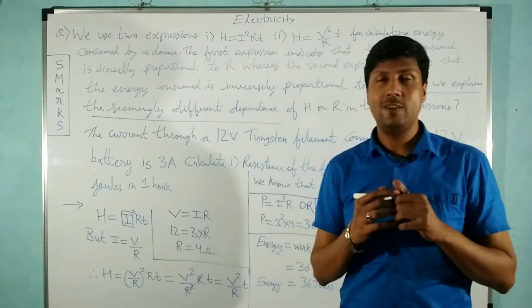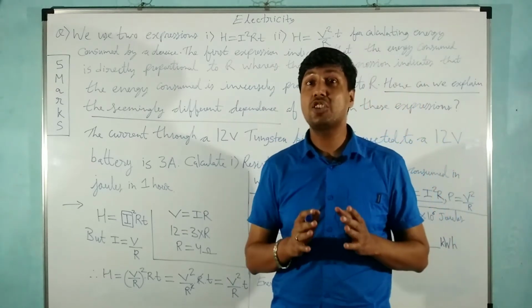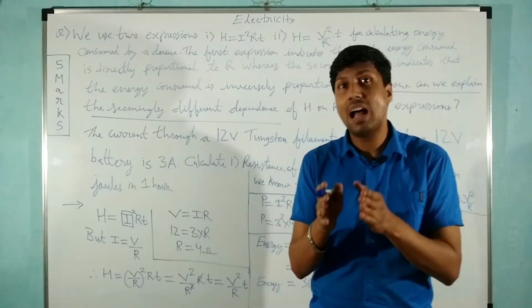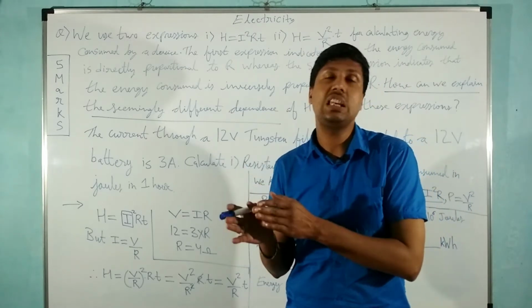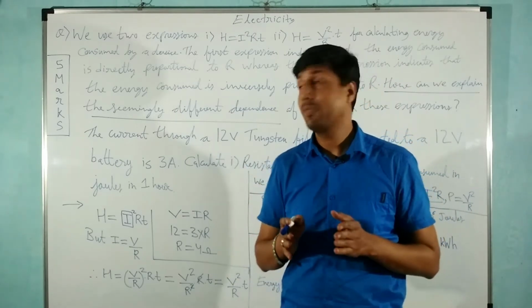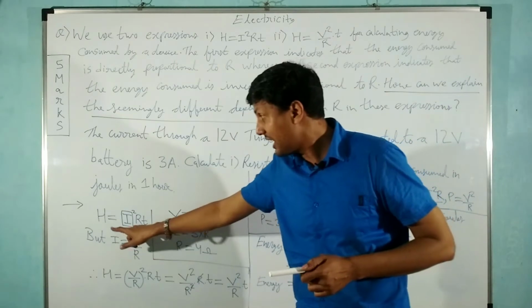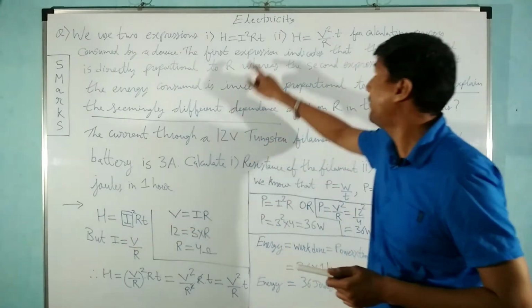Now, first of all, you should know the derivation of H is equal to I square into R into T. That is Joule's law. This is the expression for H is equal to I square RT, and that is our first expression.